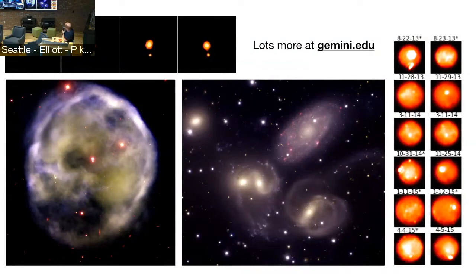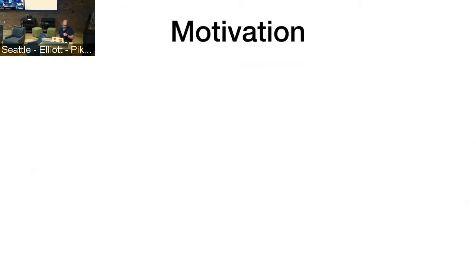The images on the right-hand side are of Io. It's the fourth largest moon of Jupiter, and it is just completely blasting with volcanoes. So all of those dots you see are volcanic eruptions, and we can see that from the ground, which is just amazing to me. So anyway, if this interests you, you want to see more pretty pictures, Gemini.edu is where to look. Okay, and that is all of the pretty pictures.